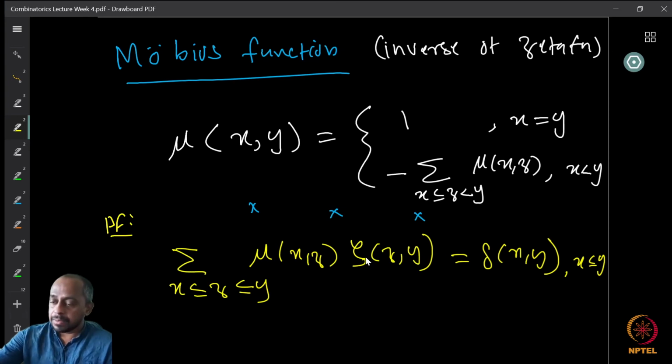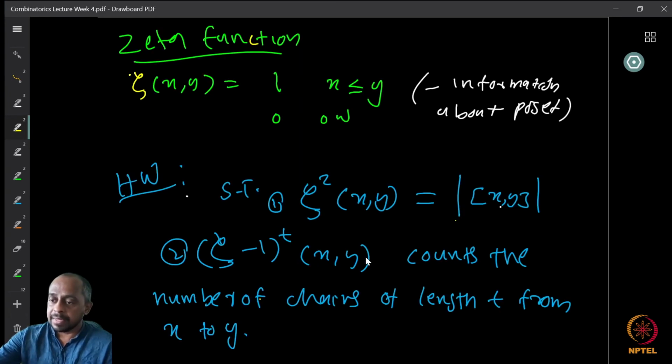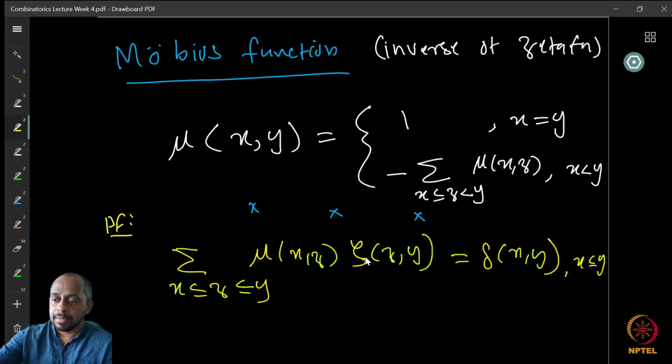Now the zeta function has a nice property. The zeta function is equal to 1 when x is less than or equal to y, and 0 otherwise. So in this interval, zeta is 1 whenever it is looking at the value z, because z is between x and y, it's in the interval.